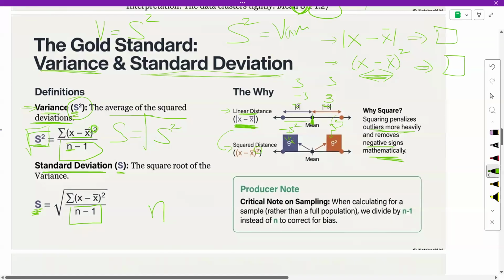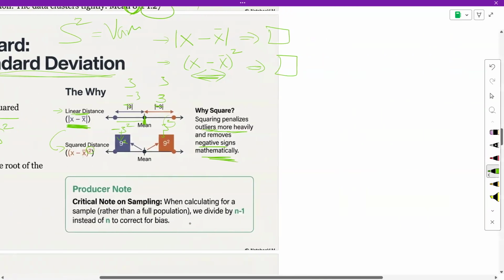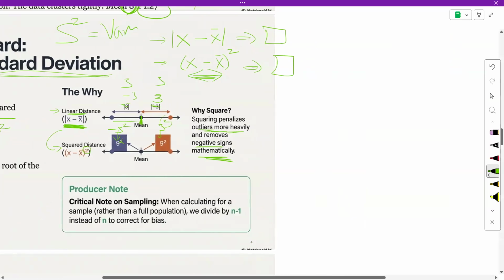This is called the sample. So there are two measures of variation, sample and population, for variance and standard deviation. There are notations.